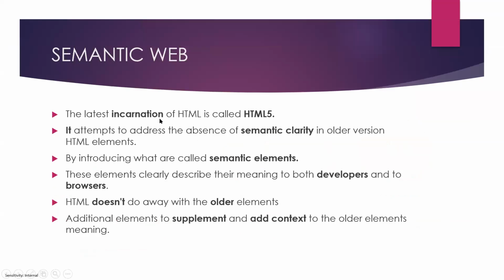Okay, so whenever I'm talking about semantic web, I'm always referring to HTML5. HTML has been in existence before HTML5 came into place. HTML5, like I said, is to address the absence of semantic clarity in older versions. Web browsers now support HTML5.